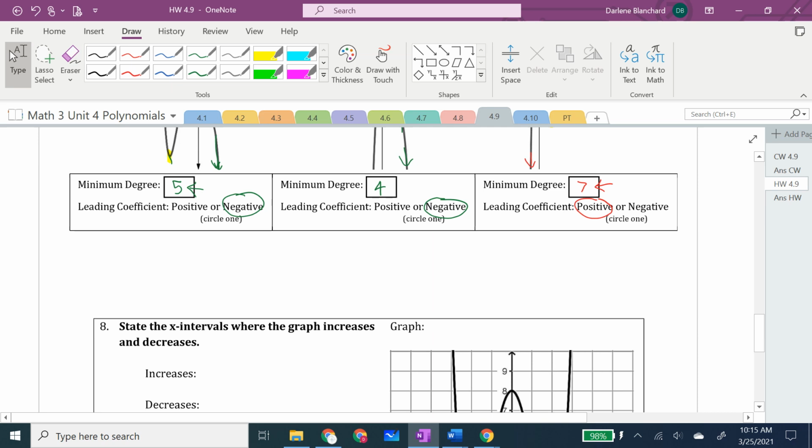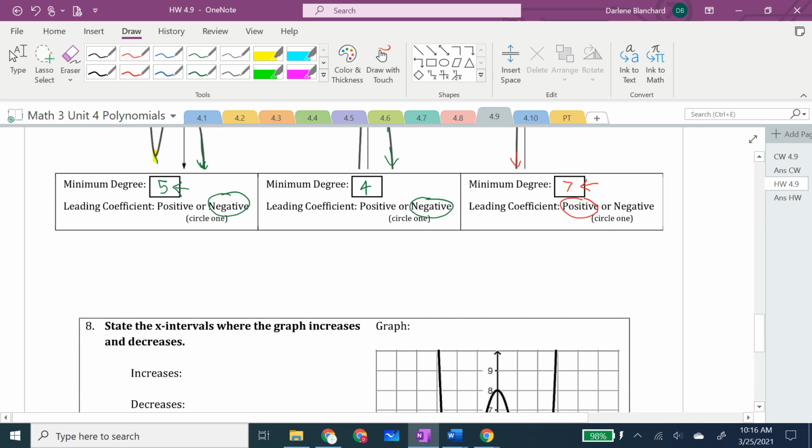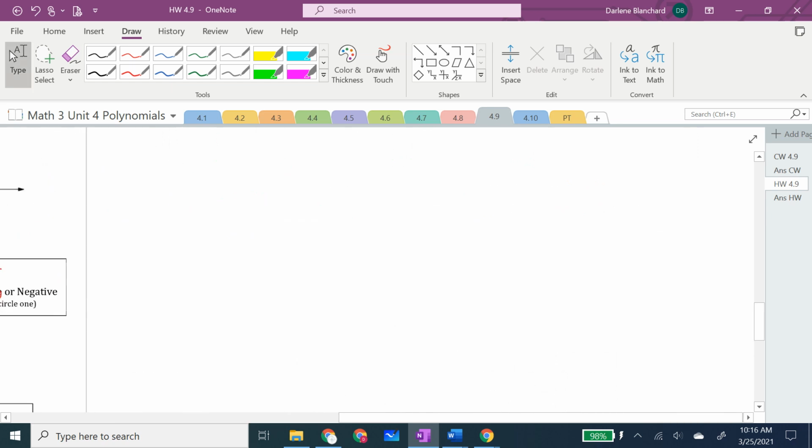Why do we add 1? Let me say this. If I'm looking at a degree 1 polynomial, I'm dealing with something that either has a positive slope or a negative slope, and it's a line.